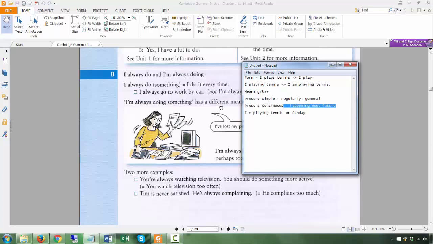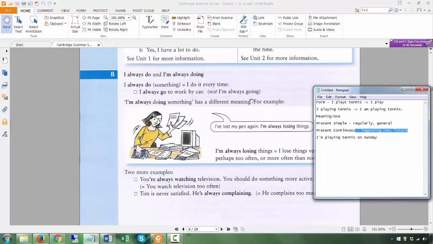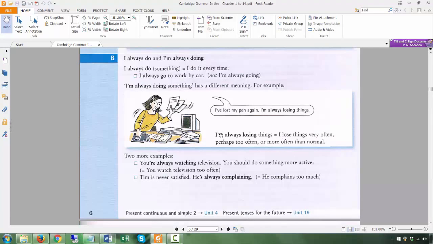And there's another special meaning of present continuous which is mentioned here. When you say "I'm always doing," normally used with always, the present continuous tense has a different meaning. It's not happening now, neither is it the future meaning. It means "I do this very often, too often."